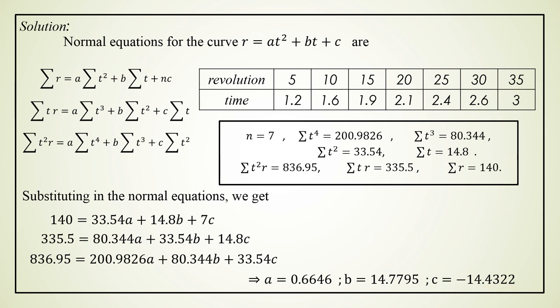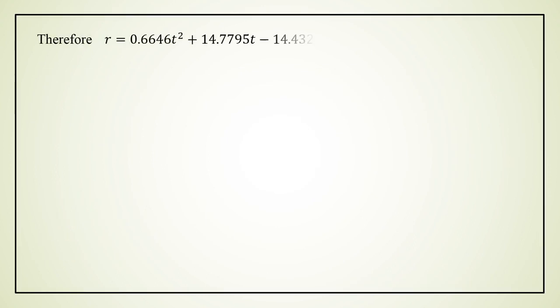Okay, so substitute the values of a, b and c in the equation so that you are going to get the revolution r is equal to 0.6646 t square plus 14.7795 t minus 14.4322.